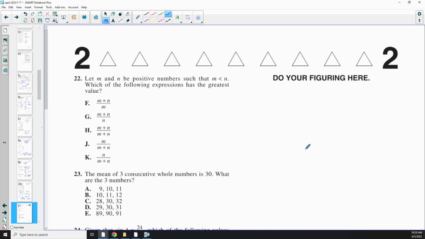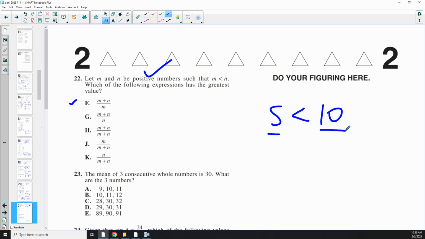I kind of plugged and chugged for this one, and the answer is F. It has the greatest value. Let's see why. We have M is less than N, but they're both positive. So I just made up 5 and 10. I thought they might be good numbers to use.